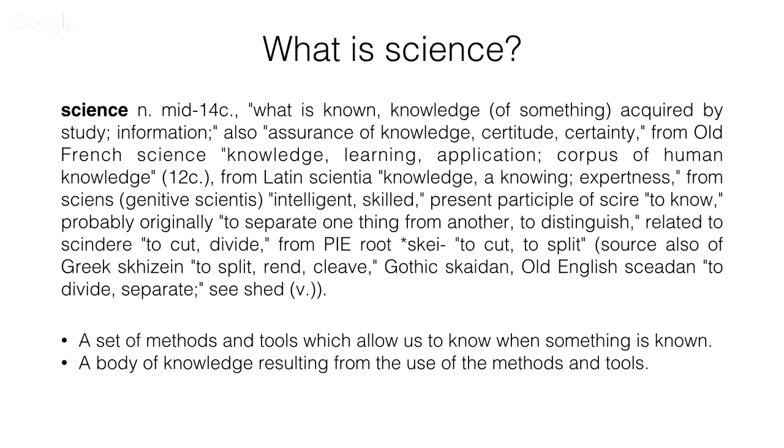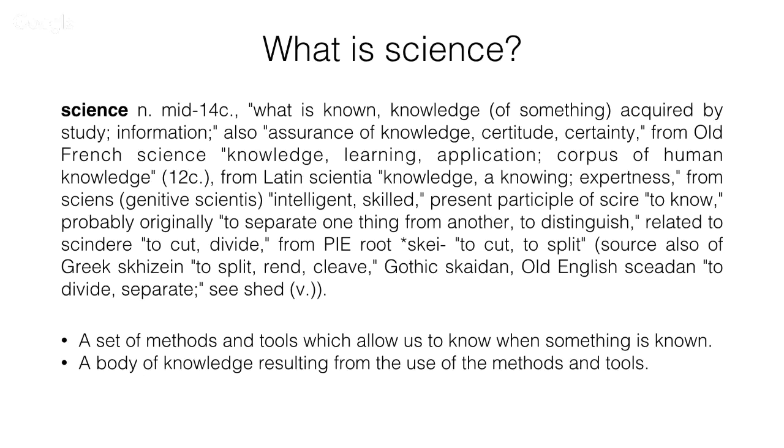Science as a noun is from the mid 14th century, and at that time it carried the meaning of what is known, knowledge of something acquired by study or information. Also, assurance of knowledge, certitude, certainty. And it's from Old French science, which means knowledge, learning, application, corpus of human knowledge. Keep that in mind, corpus of human knowledge, from the 12th century.